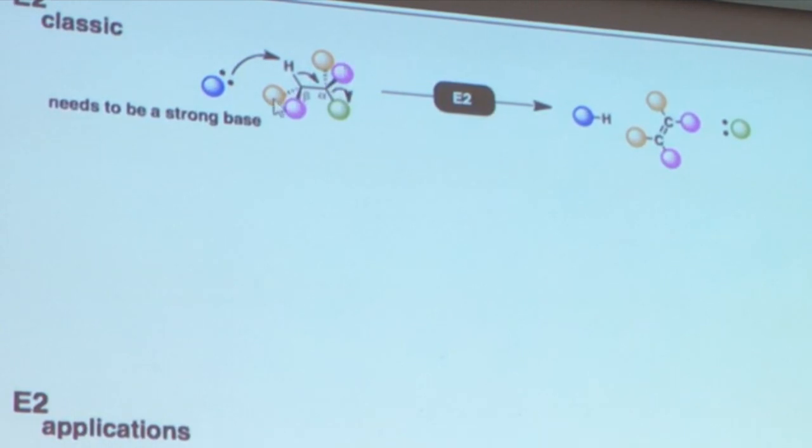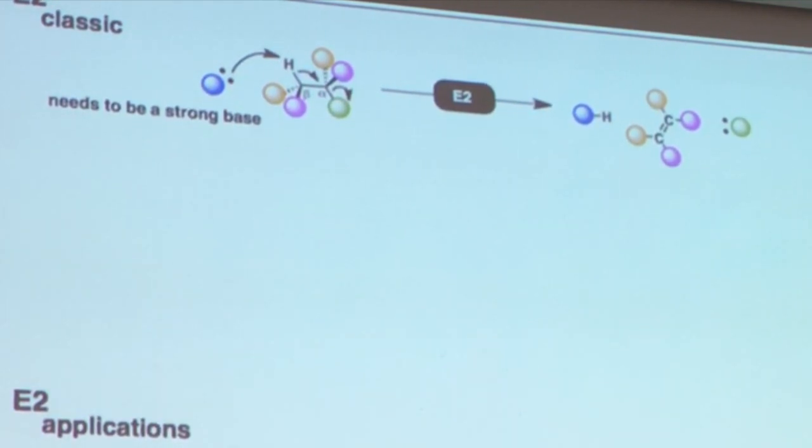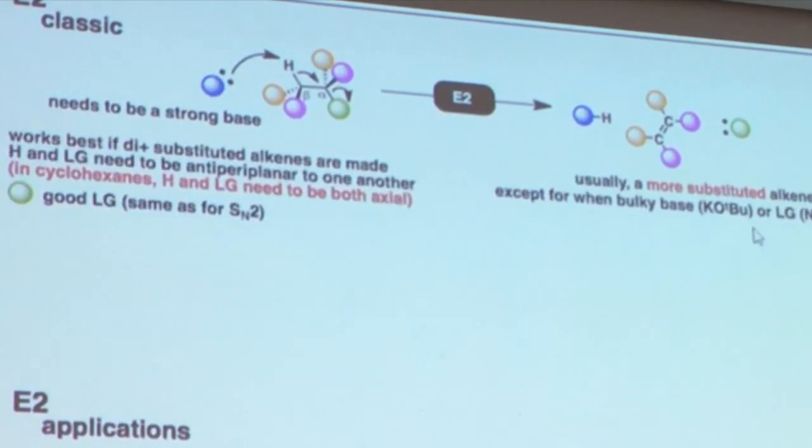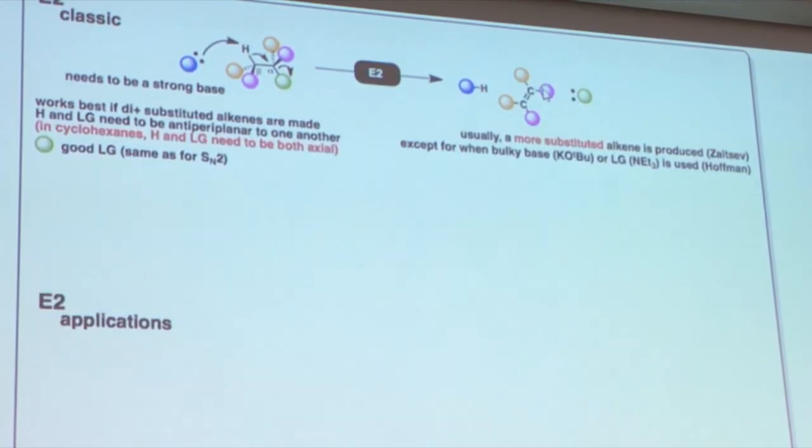So they are both pointing your way, which means they will stay pointing the same direction in the alkene. In the alkene, they are cis to one another. Same with orange balls. They are pointing away from you, which means that in the products, they will still be pointing the same direction to one another. They will be cis to one another. And elimination generates double bonds, of course. So the only requirement is that the blue ball has to be a strong base. There are more substituted alkenes produced, just like the Zaitsev product.